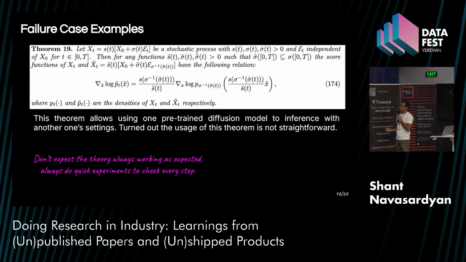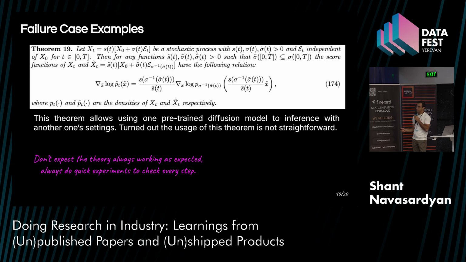A couple of failure cases. Basically, this was a theorem we proved this year about diffusion models, which was allowing us to use one pre-trained diffusion model for one setting in another setting.